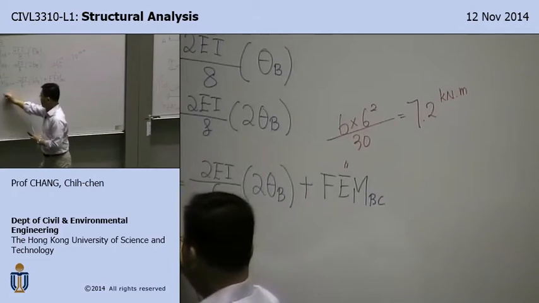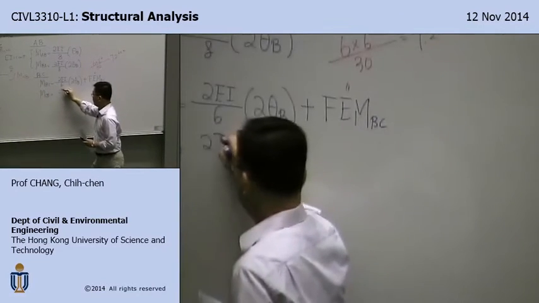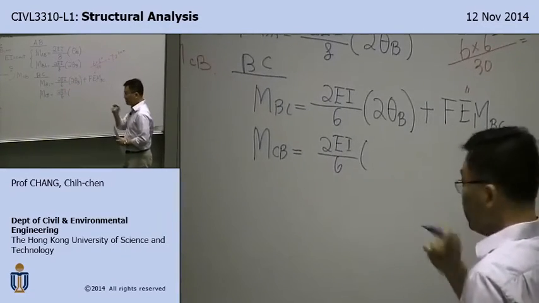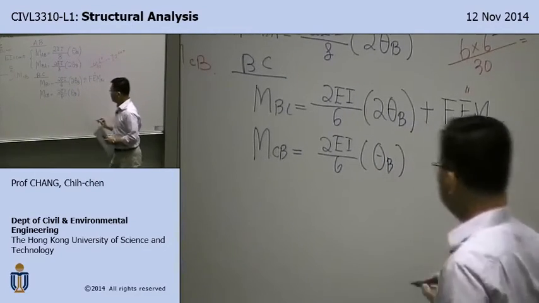All right, so MBC. Now, MCB is 2EI over L, 6, 2 times theta C, 0, 1 times theta B here. Rigid body rotation, 0.